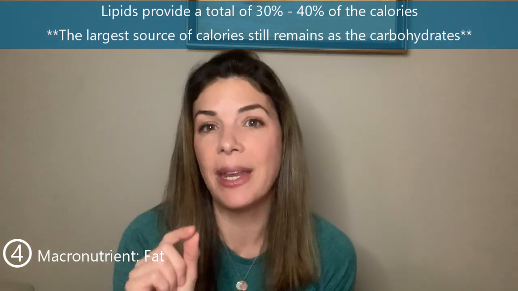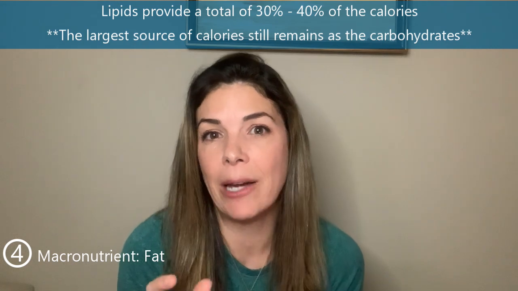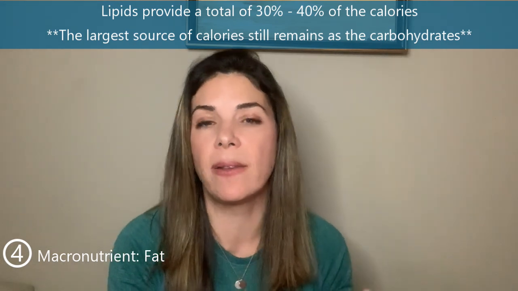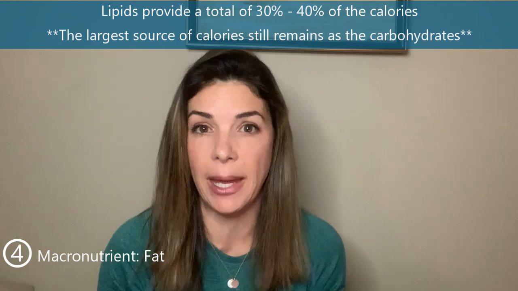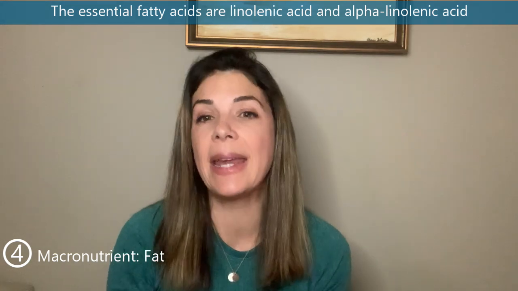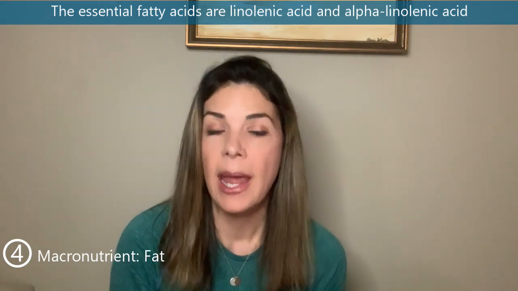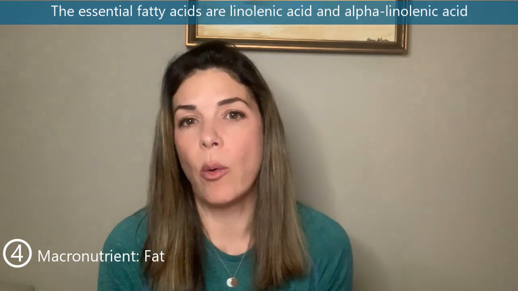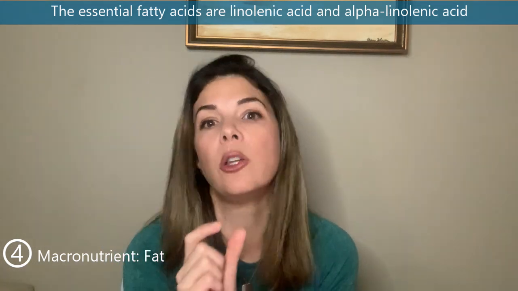Again, note that even though they have higher calories per gram, the carbohydrates are the largest source of calories in the TPN. And for everybody doing their neo boards, the essential fatty acids are linoleic acid and alpha-linolenic acid. And just so that you also understand this, it doesn't take a lot of fat to make sure that a baby does not get an essential fatty acid deficiency.